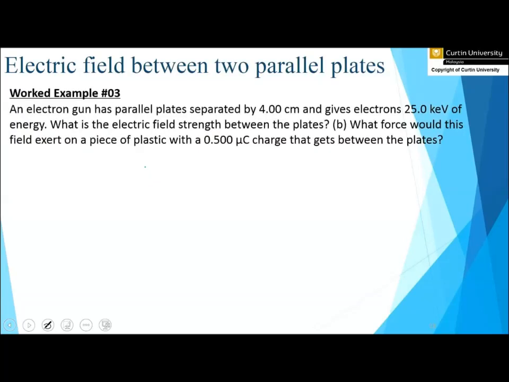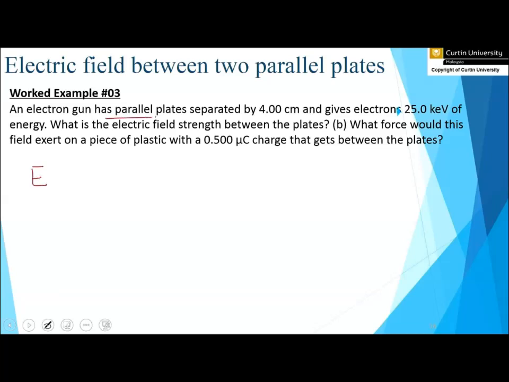Okay? So now we go back to this example. An electron gun has two parallel plates separated by 4 centimeter, and it gives one electron 25.0 kilo electron volt of energy. You are asked to find the electric field strength.